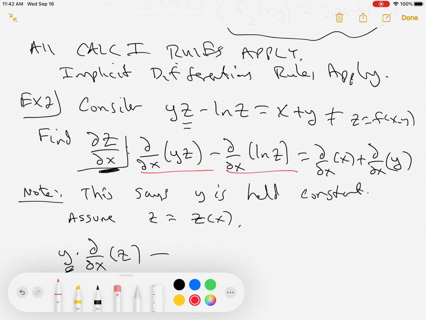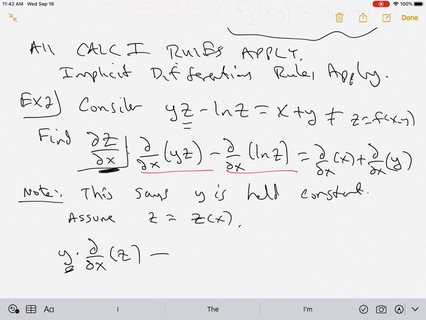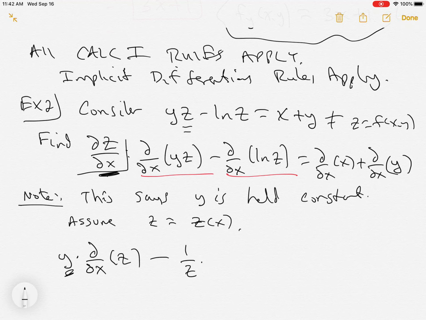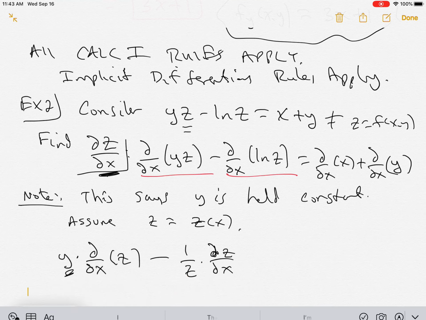And here's the implicit piece. Remember how the implicit works. You pretend that you're differentiating with respect to z, so it's 1 over z times dz dx.